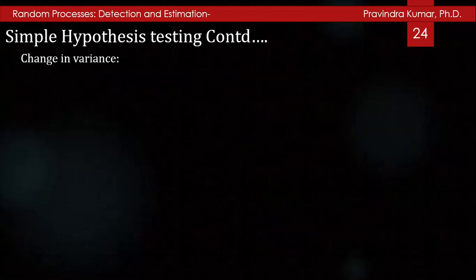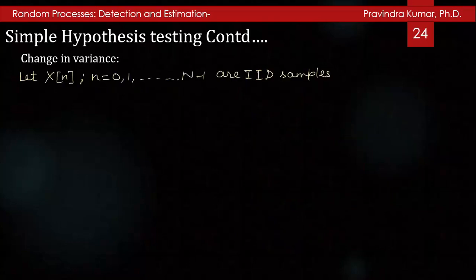So now the change in variance. Previously we considered the change in the mean value and the variance was the same. This time we consider the change in the variance. Let x[n], n is 0, 1 to N minus 1, be independent identically distributed samples.